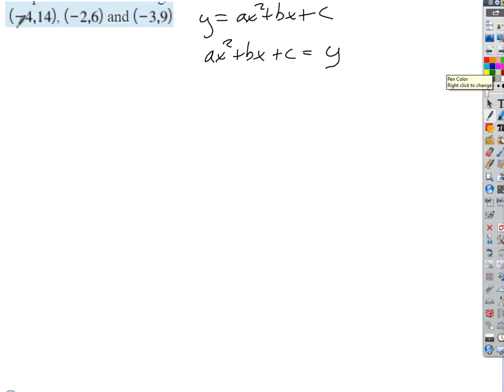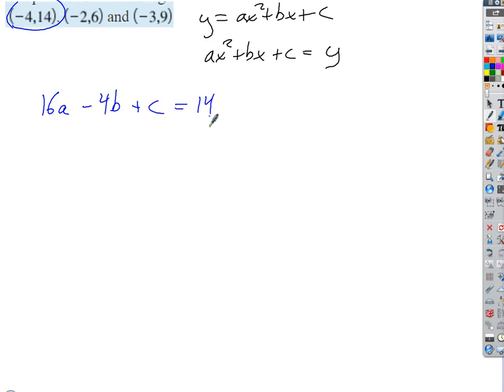We'll color code these. What do we get from this first point then? If I plug in -4 for x, isn't that going to give me a times -4 squared? Well, what's -4 squared? 16. So that's going to give me 16a plus b times -4 is -4b, plus c equals 14.